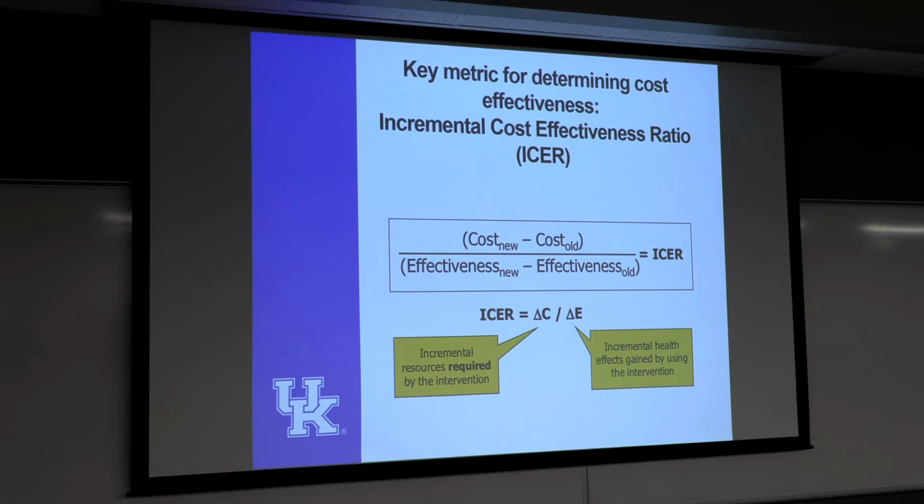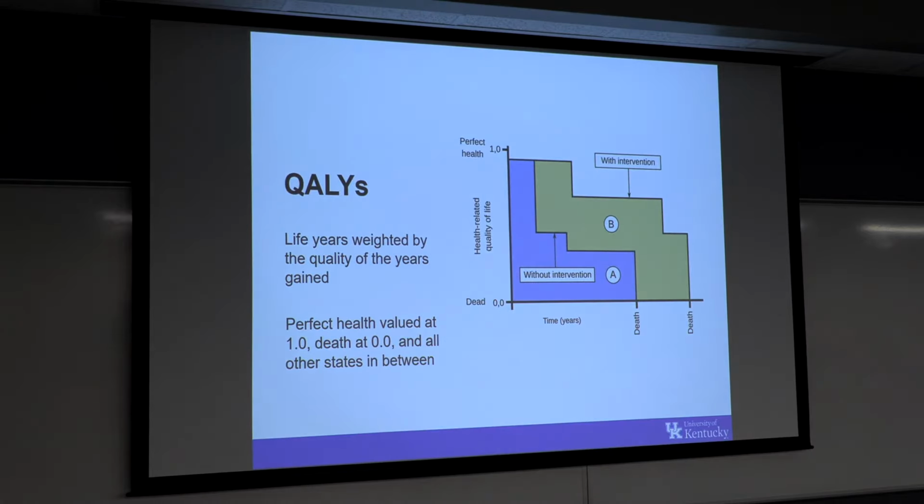Okay. So, our key metric that we're focusing on is something called an ICER, the incremental cost effectiveness ratio. And it's as simple as this. What is the additional cost for the additional benefit? You can also think about it this way if you're spatially oriented. Without the intervention, somebody would have really good health now, but very rapidly their health would decline.